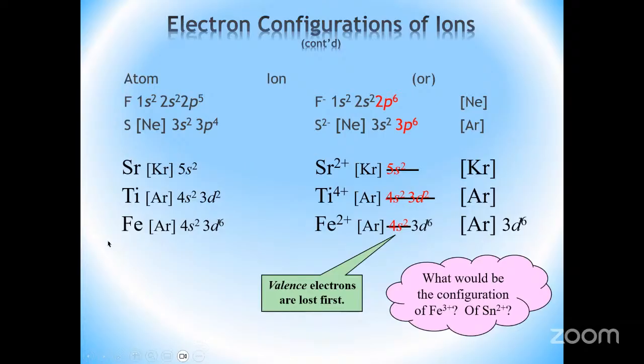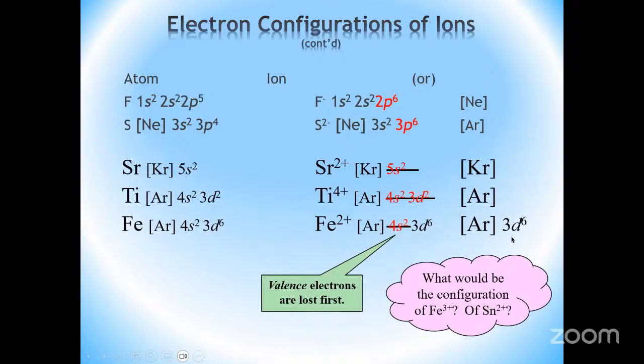Now, in the case of iron, to get from iron to Fe2+, this is the abbreviated version of the electron configuration. To get from Fe to Fe2+, you're going to lose these 2 electrons first, right? Therefore, that subshell will disappear, and the remaining electron arrangement would be what you see here.